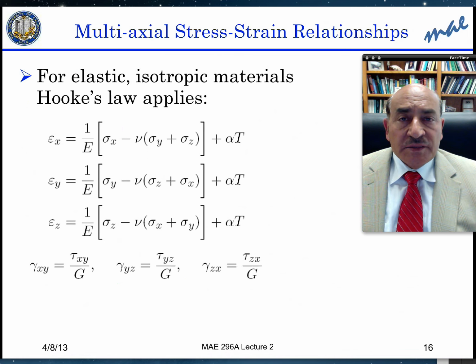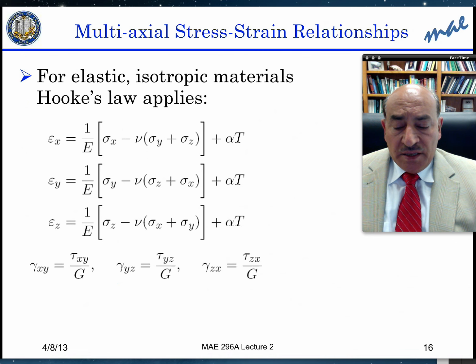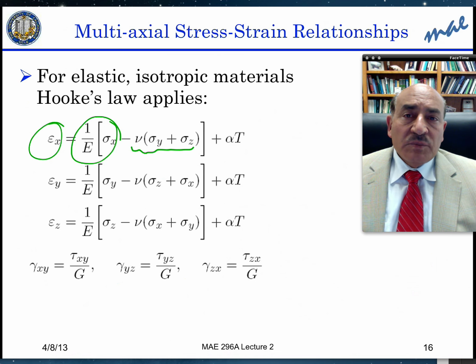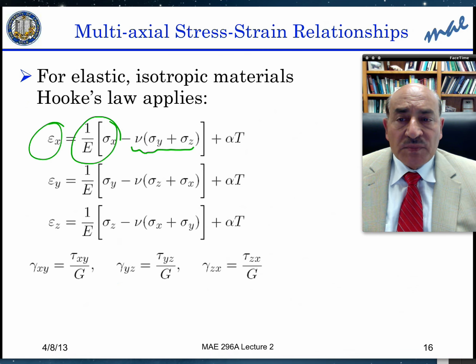Finally, if we have stress and strain in 3D, then the relationship between stress and strain is always written in Hooke's form. The epsilon x, for example, is sigma x over E, as we know, but we subtract the Poisson contraction as a result of the stress in the y and z directions, and then we add the thermal strain on top of the mechanical strain to give us the total strain.